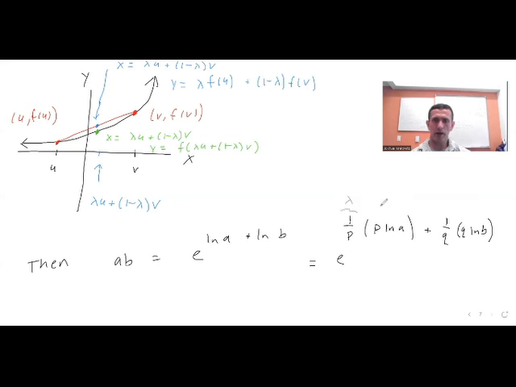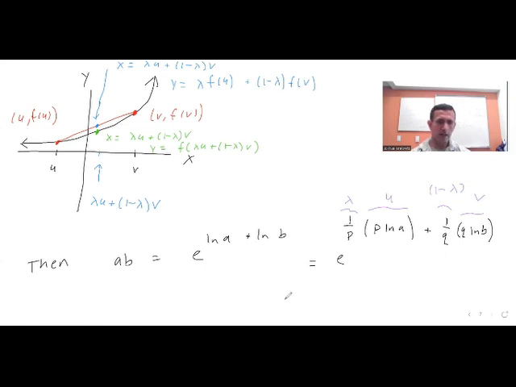If this is lambda, then this is going to be 1 minus lambda. So this is lambda u, if I set this to be u, plus 1 minus lambda v. Okay.